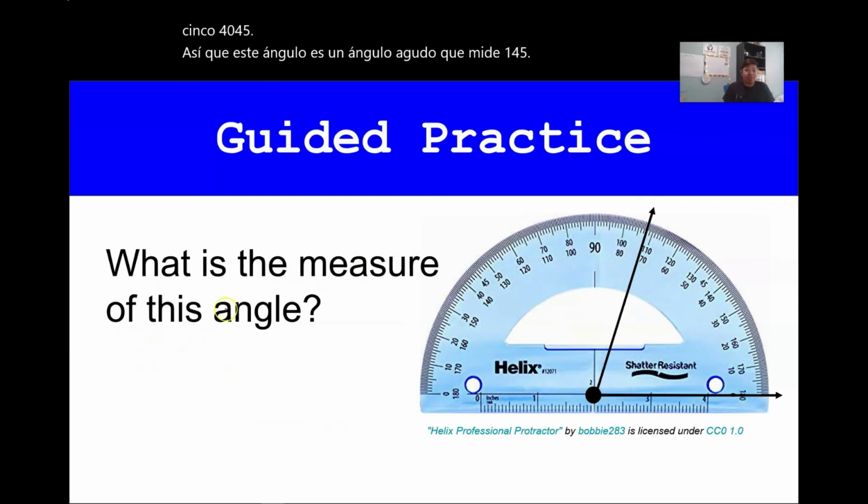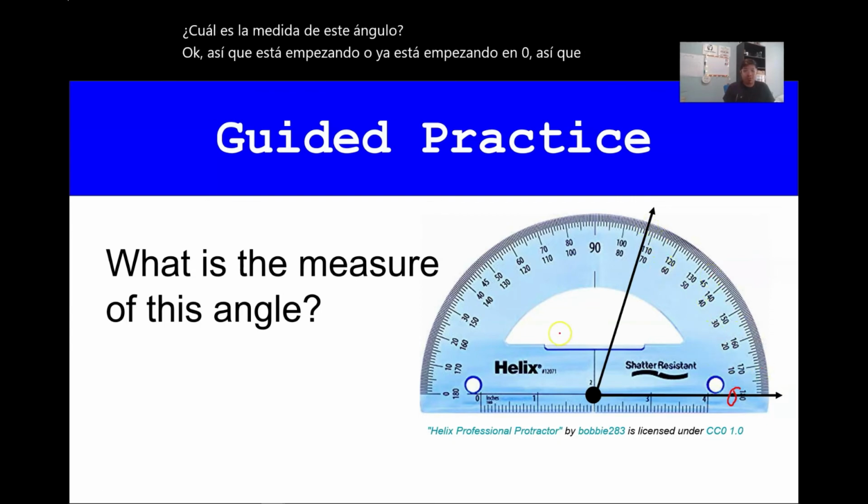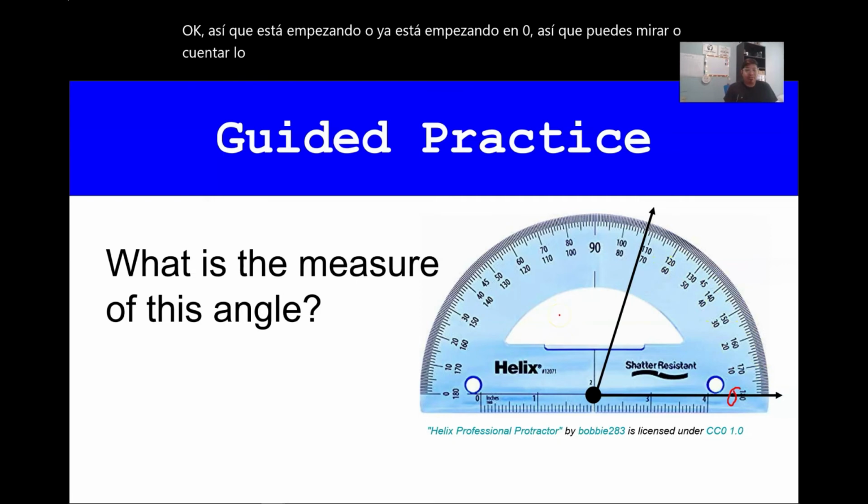What is the measure of this angle? Okay, so it's already starting at 0. So you can either look or count, whichever you prefer. I'll give you a minute to do that.